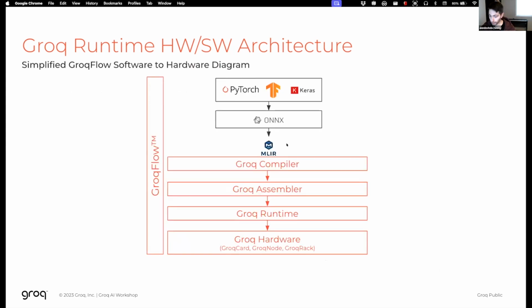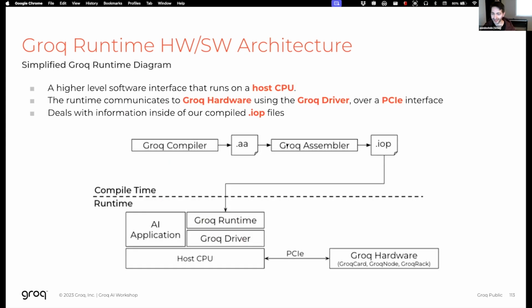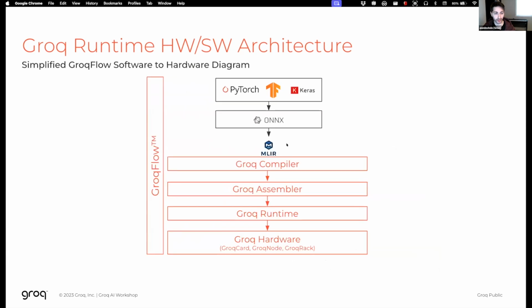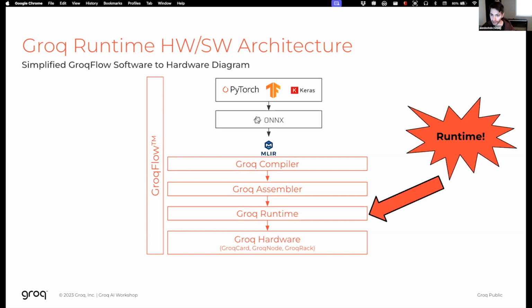Anyways, now that we have runtime a little bit more defined, I'll tie it into something you've seen before and something you're more familiar with, which is Groq Flow. So you should have seen this slide in Philip's presentation and a version of the slide yesterday during Sanjeev's presentation. So as you can see, this is the Groq Flow tool flow. And so, like I mentioned, the block I'm going to describe in Groq Flow is the Groq runtime, which is that block right here.